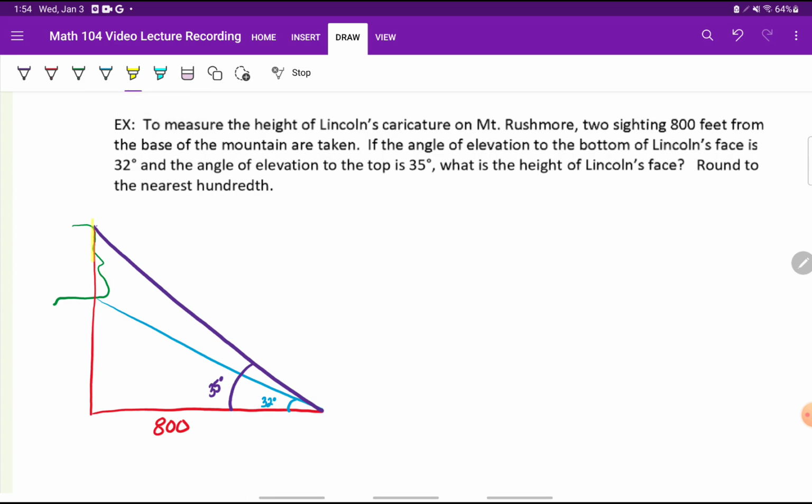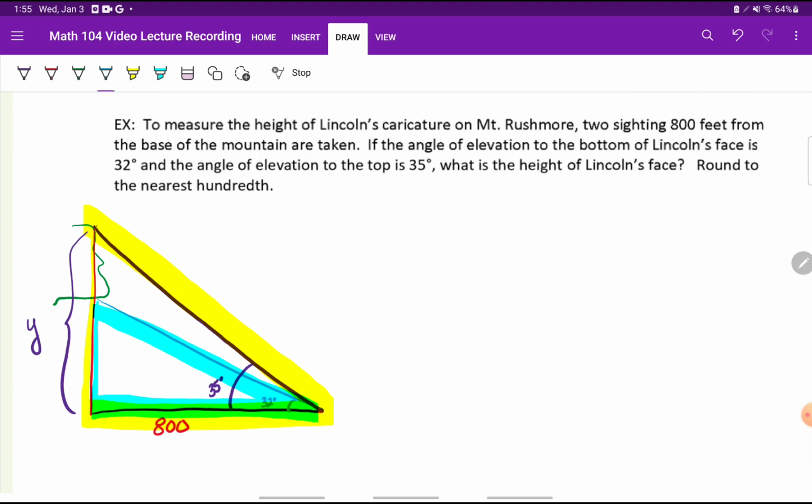Well, if we find the height of the bigger triangle, I'll call that Y, and then we find the height of the smaller triangle, call that X. If we find these two heights and then subtract them, it will give us this amount right here, which is the height of Lincoln's face.